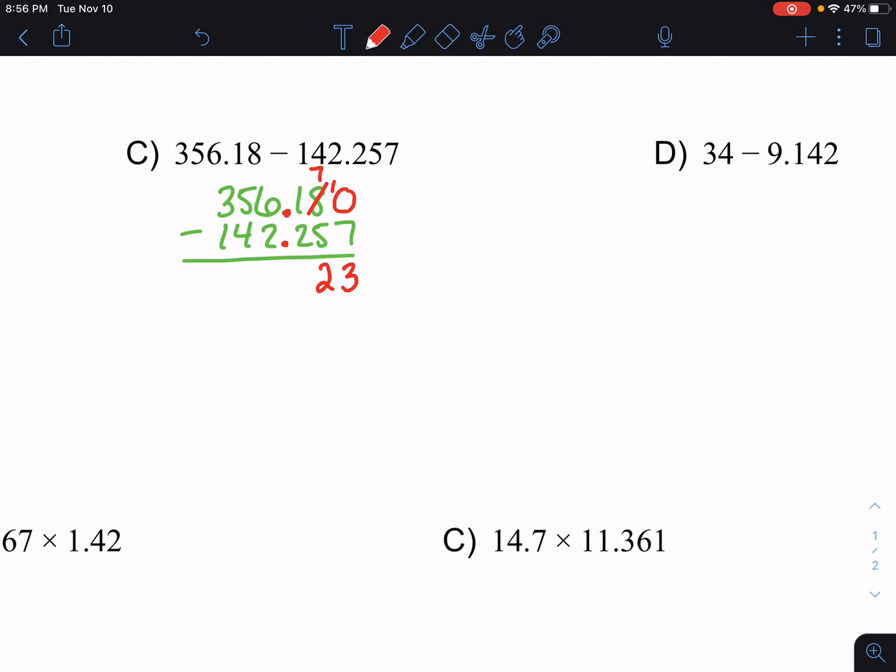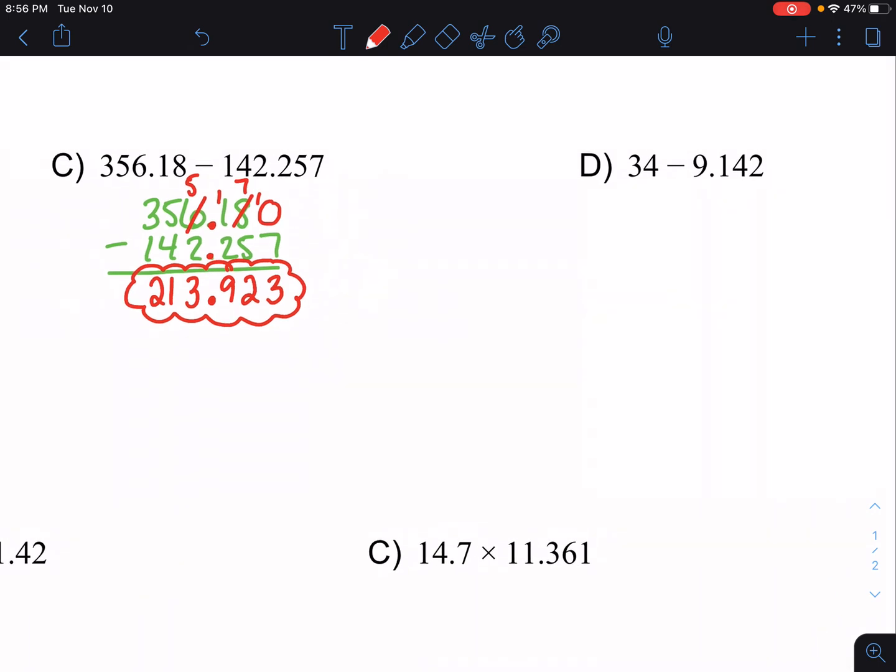I cannot do 1 minus 2, so I'm going to borrow. 11 minus 2 is 9. The decimal comes down. 5 minus 2 is 3. 5 minus 4 is 1. And 3 minus 1 is 2. So my answer is 213.923.